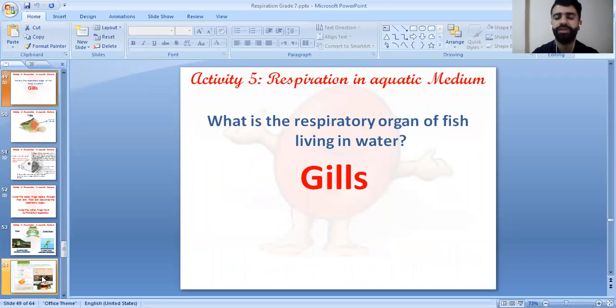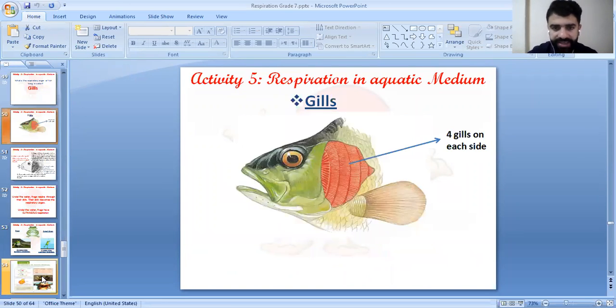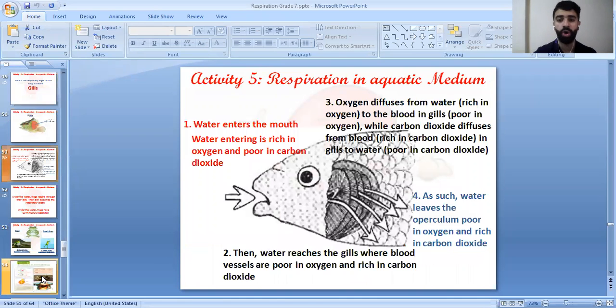So what is the respiratory organ of fish living in water? Sure, the gills. There are 4 gills present on each side. Step number 1: water enters the mouth. Water is rich in oxygen and poor in carbon dioxide. Then water reaches the gills, where blood vessels are poor in oxygen and rich in carbon dioxide. 3.